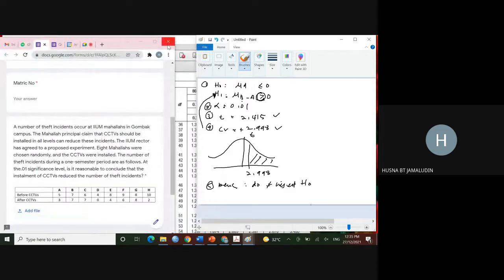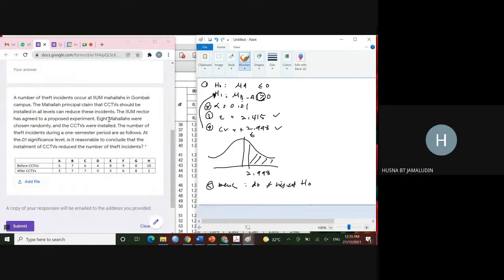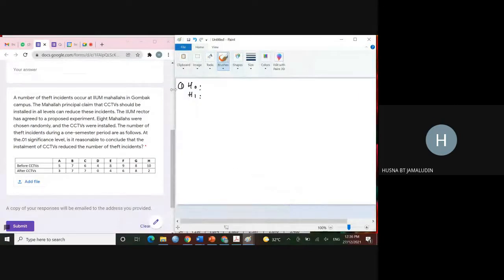That's the explanation. For this one, even though we are talking about the incidence of theft cases, the numbers are different for 2 different quizzes. So do you want me to compute or do you want me to just give the answer? It's not fair if I didn't compute it for this section.